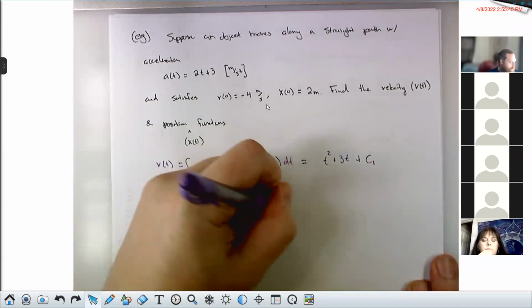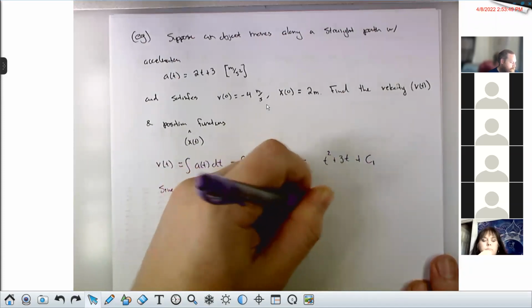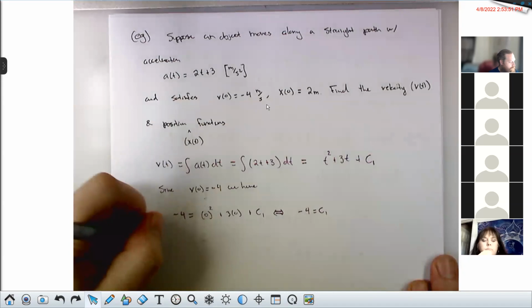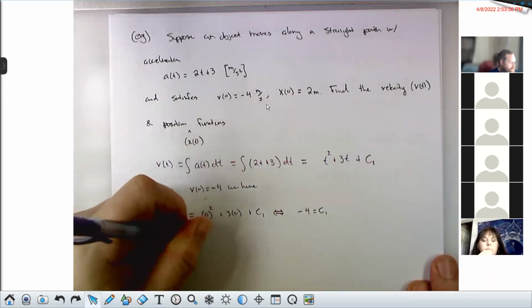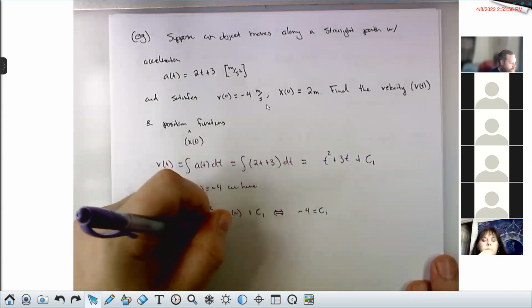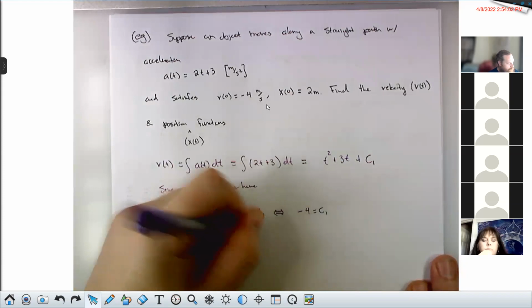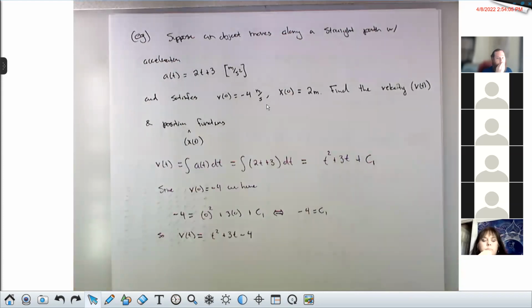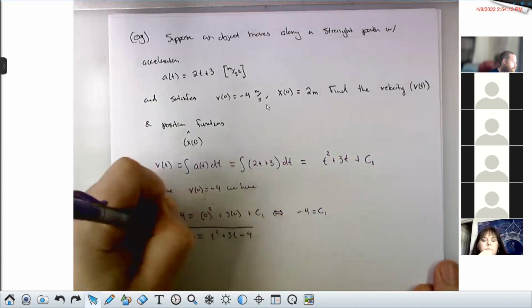And this, of course, is the same as just saying -4 is equal to C1. So v of t is t squared plus 3t minus 4. So this is the velocity function, and I'm happy with that part of the problem.